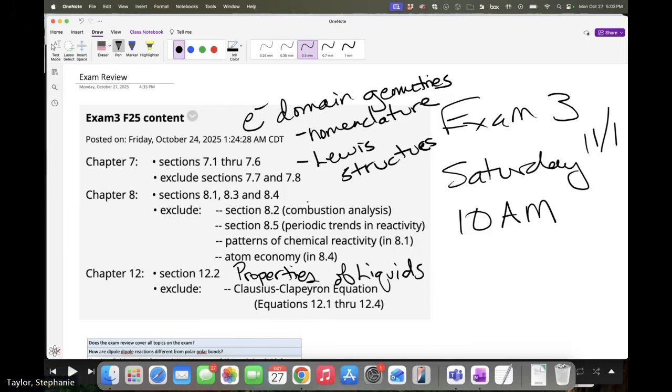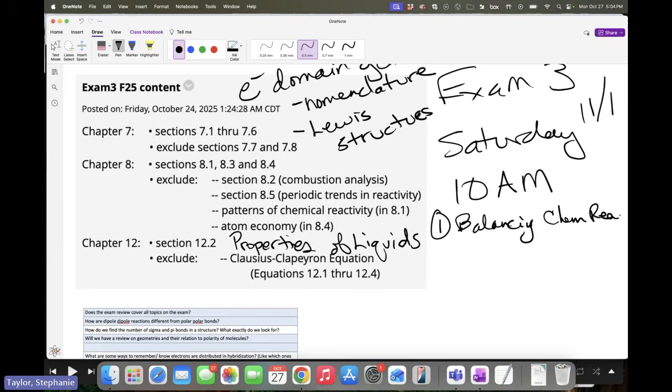Then chapter 8, which has the textbook sections 8.1, 8.3, and 8.4. I usually think of chapter 8 as being 4 real topics. First, balancing chemical reactions.